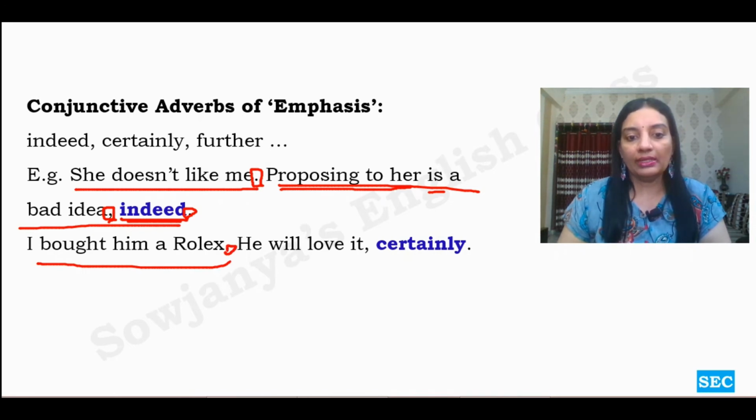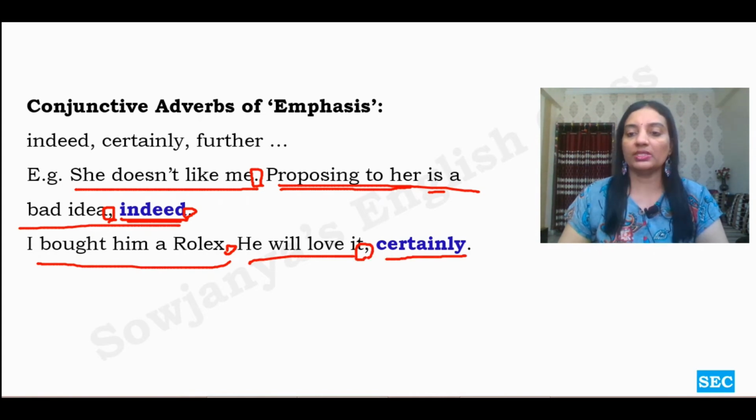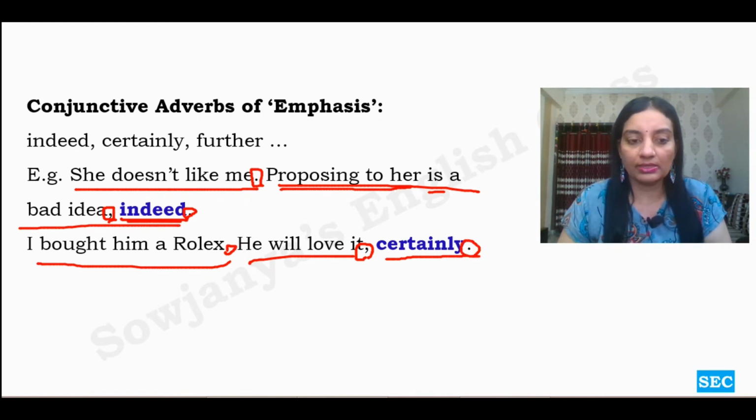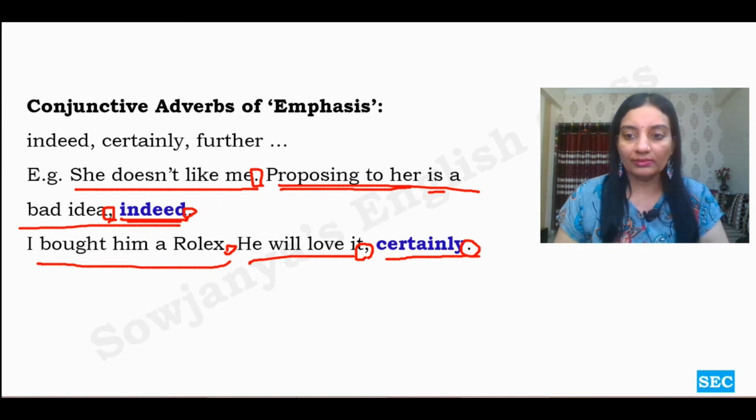And then he will love it, another simple sentence followed by a comma, and then comes our conjunctive adverb certainly, which is followed by a full stop because it is the end of the sentence. So, I bought him a Rolex. He will love it certainly. Love it certainly, in the sense you are sure that he will definitely love it. That is what certainly is. We are emphasizing the things.